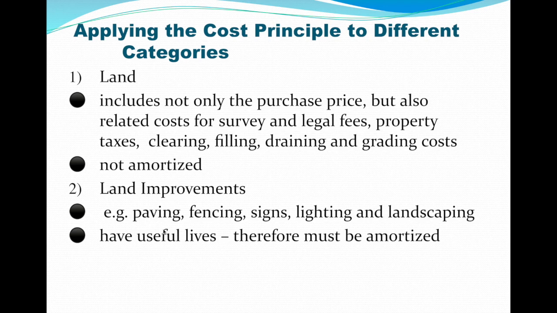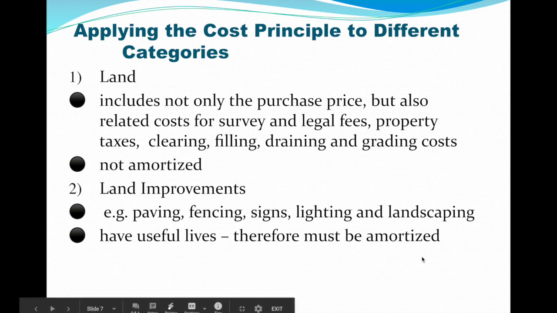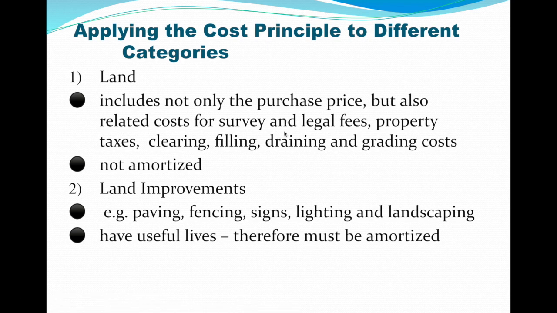If you pave a driveway, eventually you're going to have to repave it or dig it out and replace it or whatever. All of these things will have to be maintained and replaced at some point, and therefore it's amortized. The life of a piece of land is indefinite because theoretically it could live forever, and therefore it's not amortized.